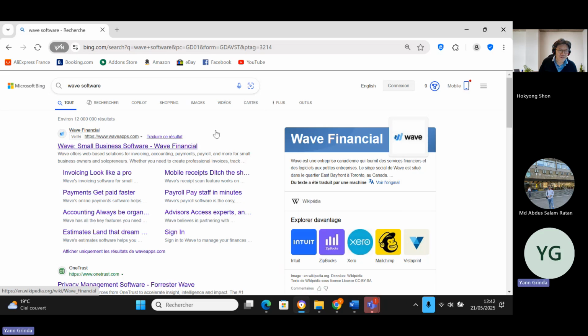Oh, my computer has an issue. Your computer has an issue? Yeah, I don't see anything. Do you still see my screen? Yes, I can see. Sorry, I can't anymore. I don't know why it's doing that.